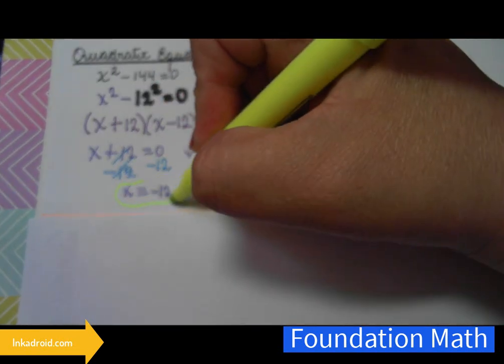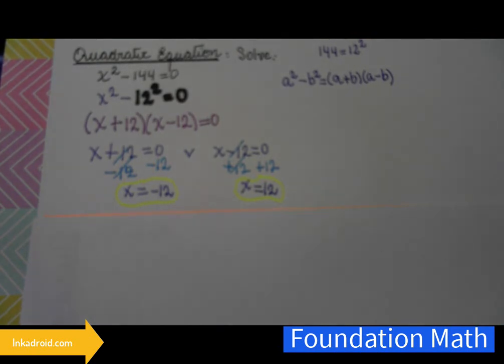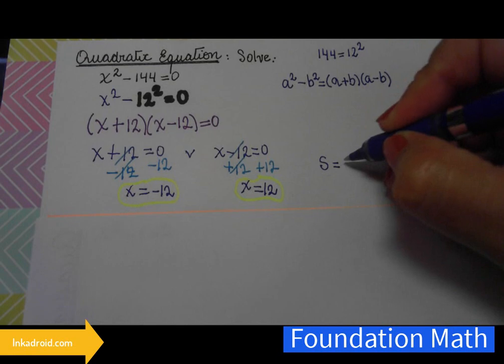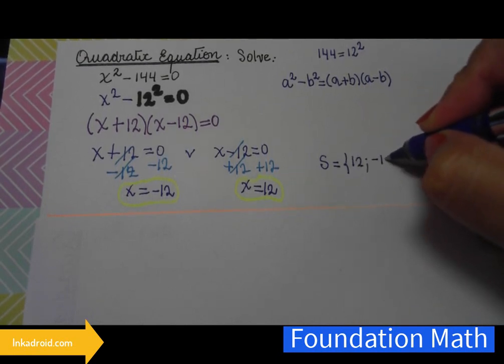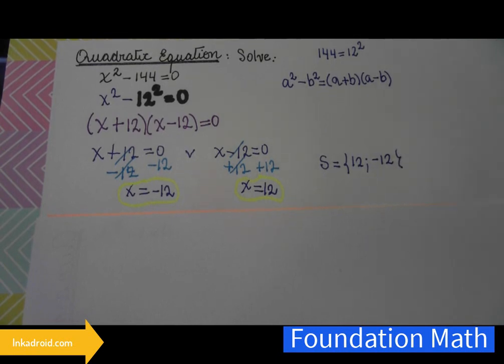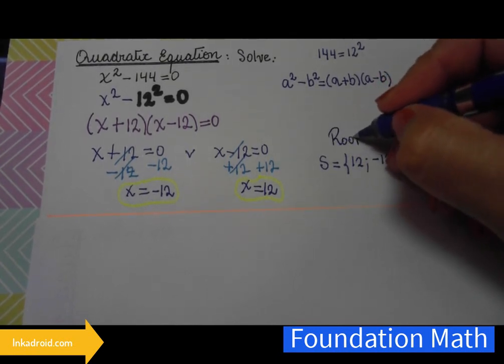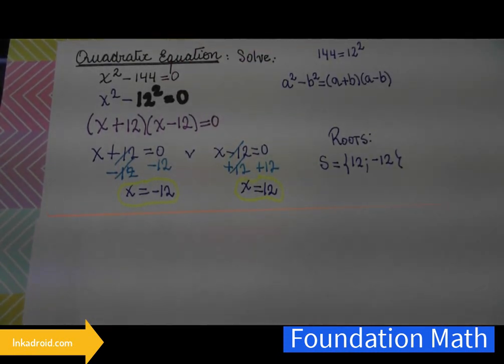So the possible solutions are positive and negative 12. So the value of x, the solution, is equal to 12 and negative 12. So the roots of this quadratic equation are two roots.